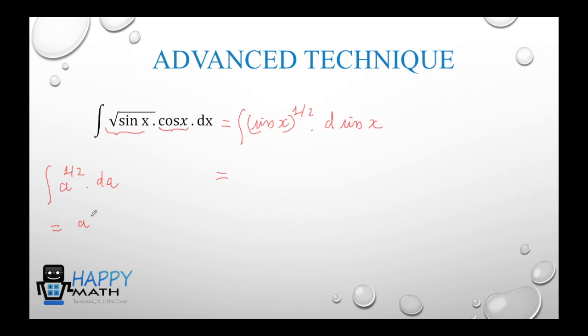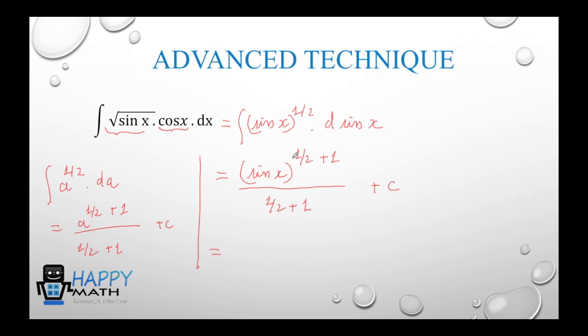This means A to the power 1 over 2 plus 1 divided by 1 over 2 plus 1, and plus c at the end. Okay, so in the same method, we get sine power to 1 over 2 plus 1 over the same number plus c. 1 over 2 plus 1 equals 3 over 2.